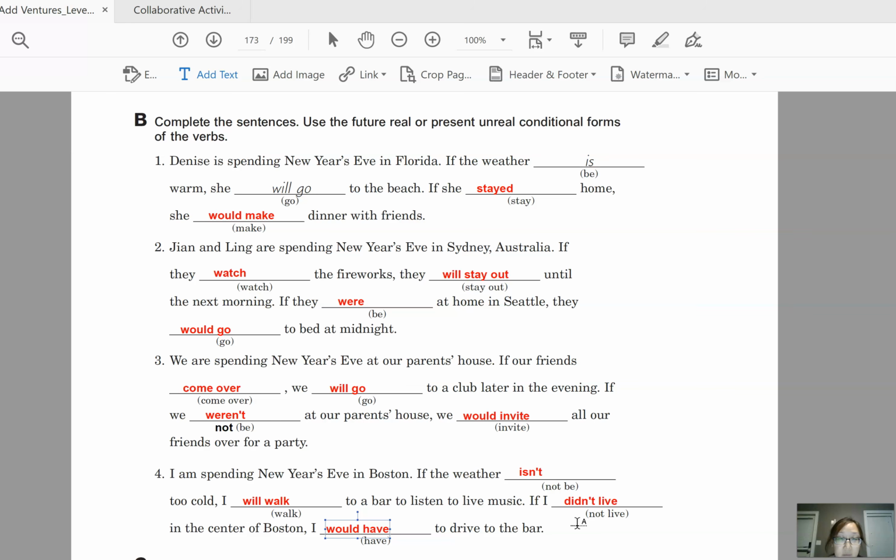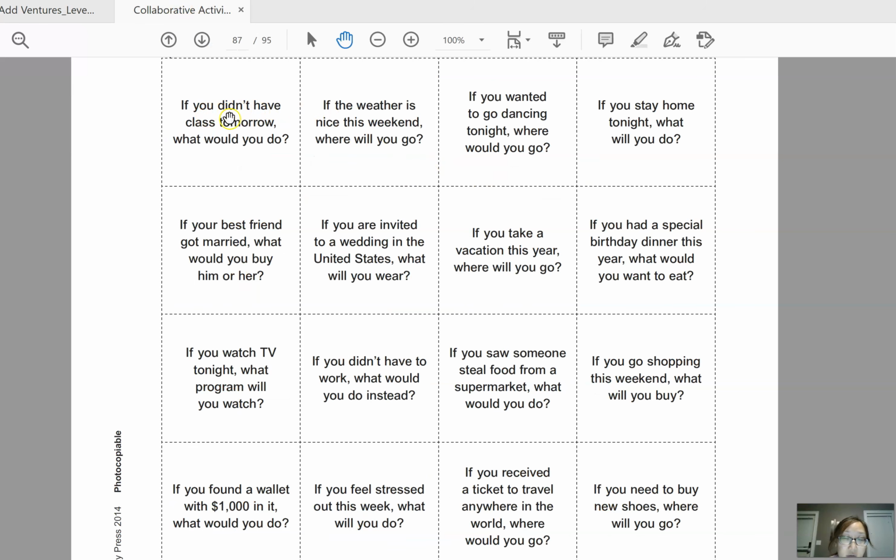Okay. So now we're going to take a look at some similar questions. As you can see here, all the questions begin with the if clause. So if you didn't have class tomorrow, what would you do? If the weather is nice this weekend, where will you go? So you can see an unreal conditional and a real conditional. In this case, of course, it's unreal because it is assuming we are attending class.